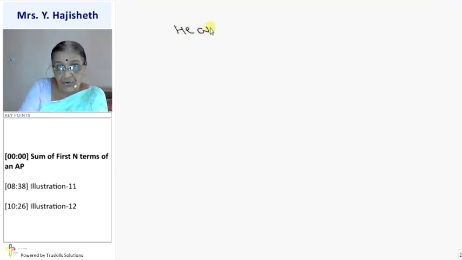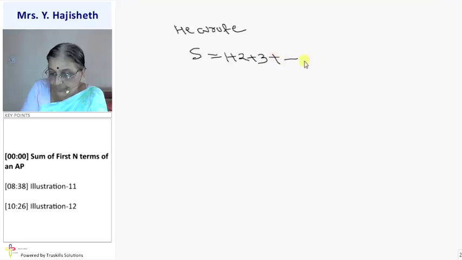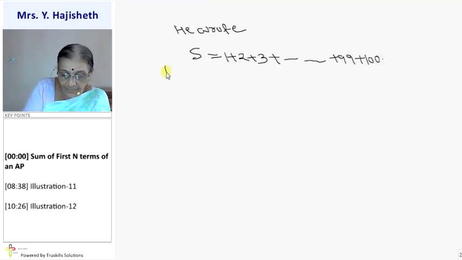What did he do? He wrote S is equal to, he wrote all 100 natural numbers with addition sign. Okay. Then he reversed the order.